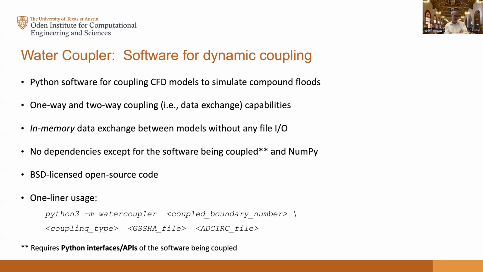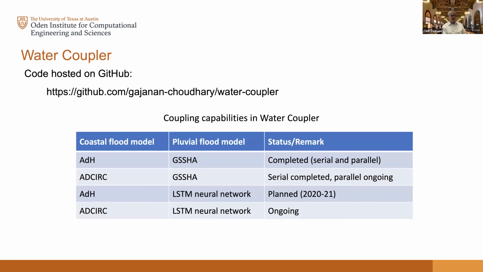It does require having Python interfaces, which requires a little bit of work, but there is an infrastructure for this. If you're interested, I can share this with you. It's hosted on GitHub, and we've actually demonstrated coupling between several models.